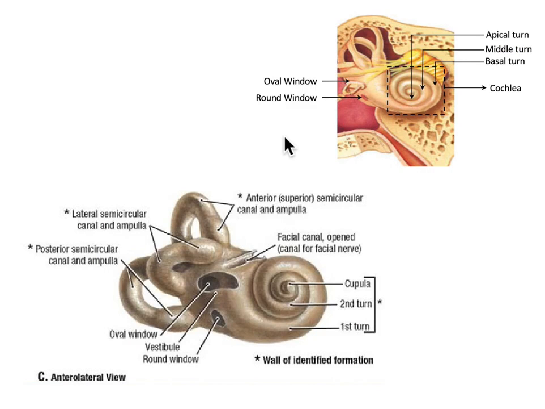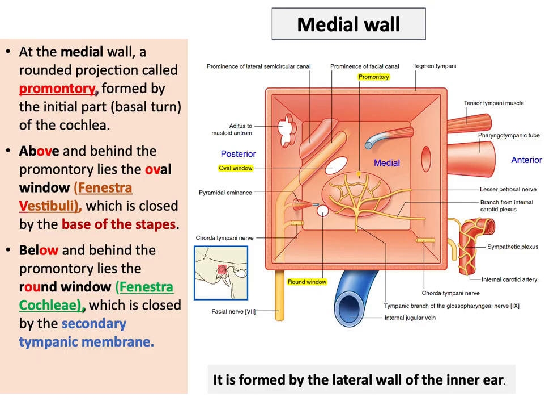Back to the wall. So this is again the last wall, which is the medial wall, and I think I showed you this bulge, which is the promontory, created by the basal turn or the initial part of the cochlea. And of course, there is a nerve plexus on it called the tympanic nerve plexus.